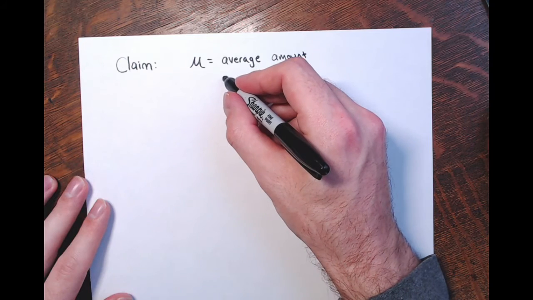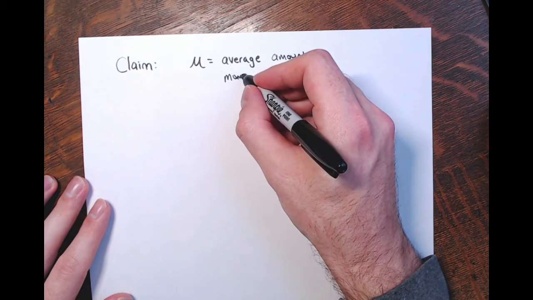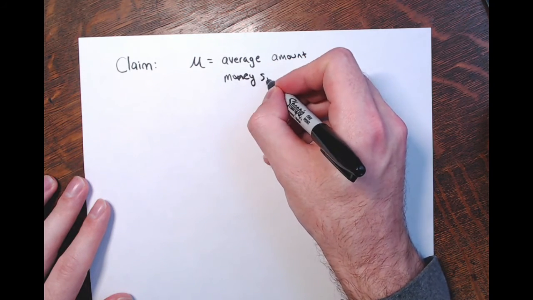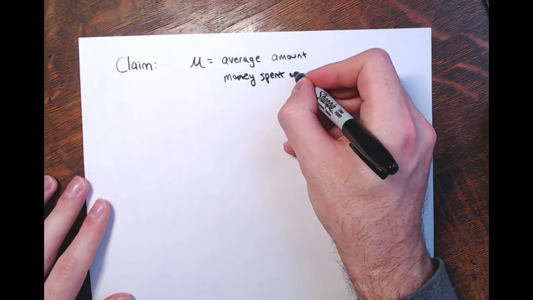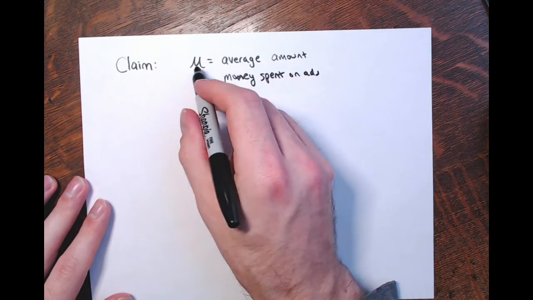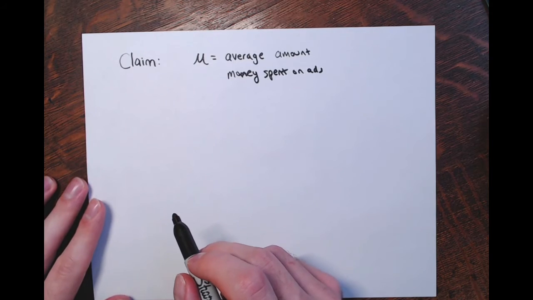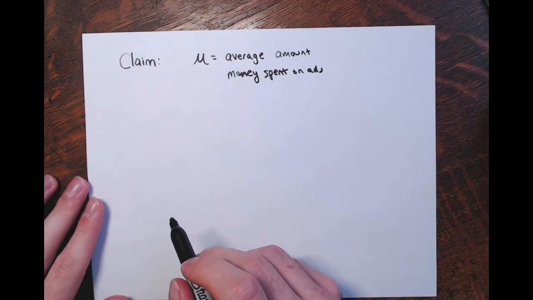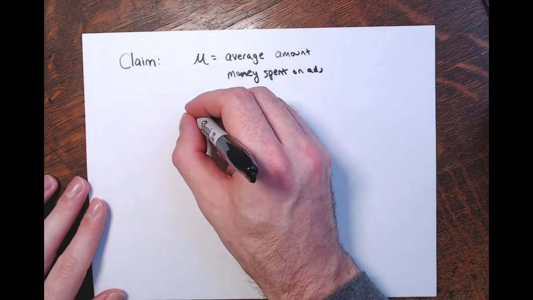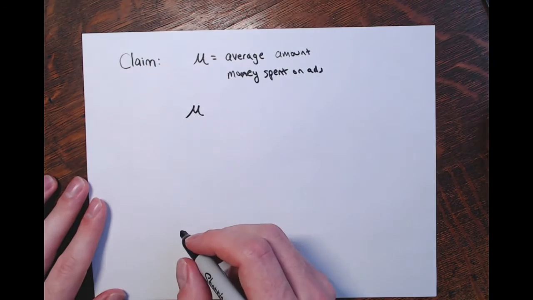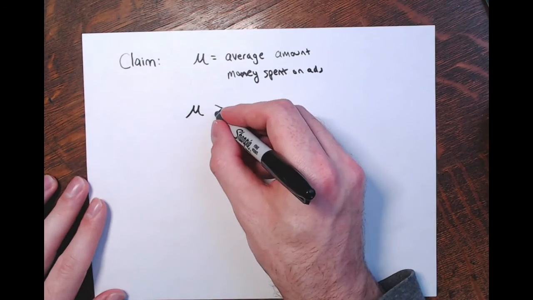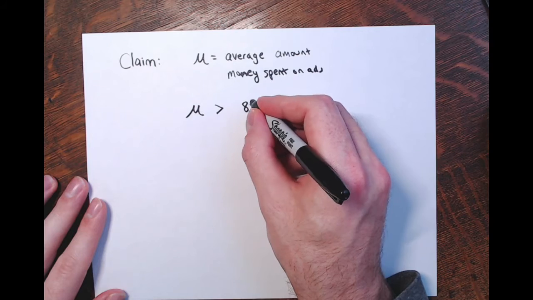I'll just say the average amount of money spent on ads. It's an average, a mean, so that's why I'm using mu here for the population mean of all U.S. companies. Now the claim is that this average is greater than $85,000.